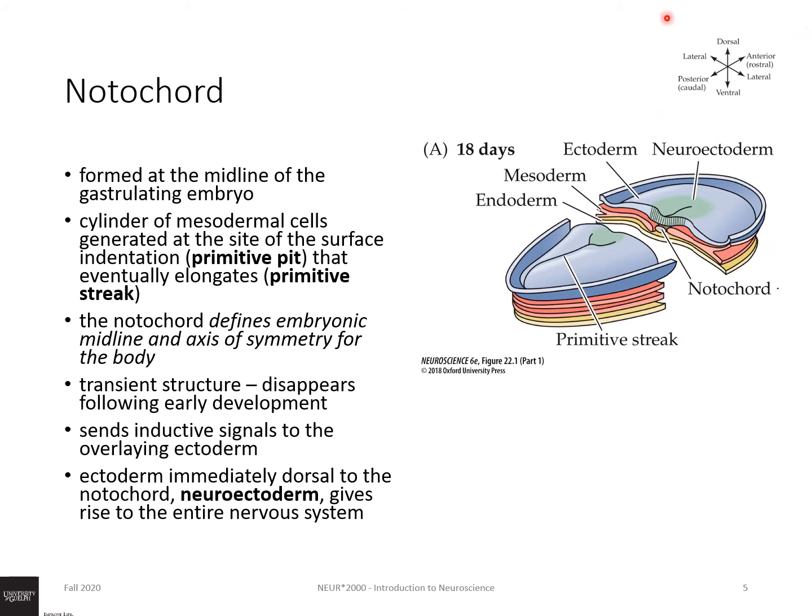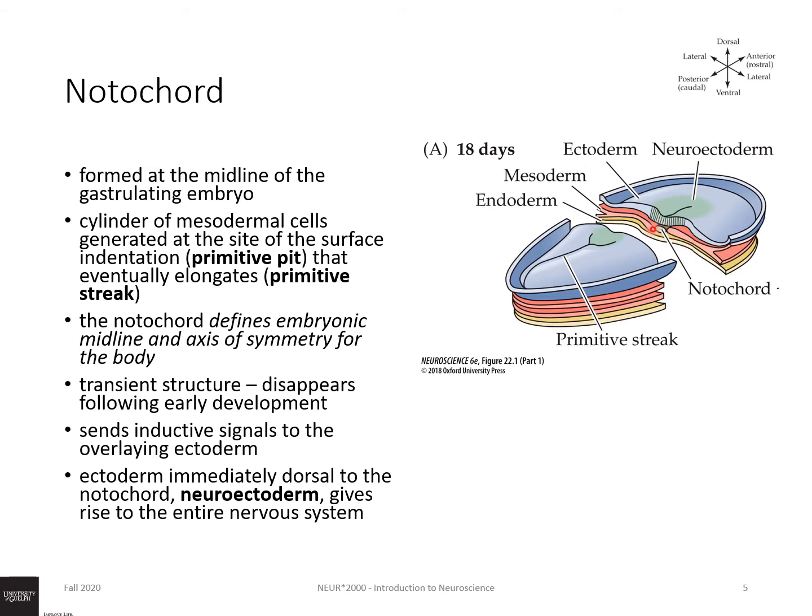So here is our orientation, and this is the growth that we're going to be talking about over the next few slides. So dorsal up here, ventral down there. This is anterior and posterior. The notochord right there is formed at the midline of the gastrulating embryo. It's a cylinder of mesodermal cells.